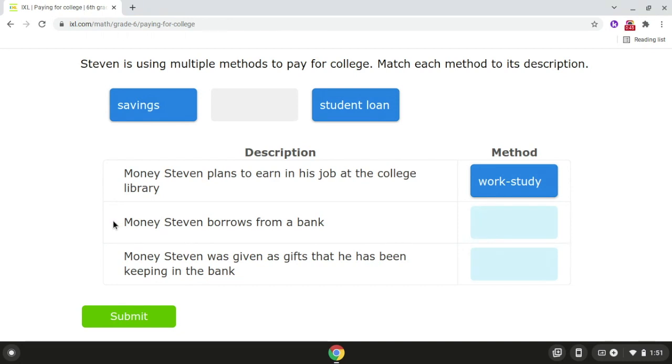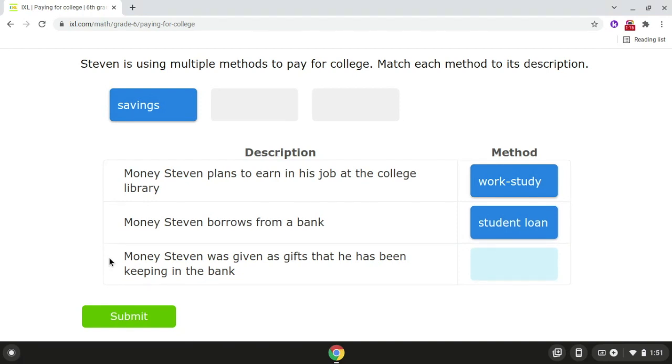Description number 2 is money Stephen borrows from a bank. This type of method is a student loan method. And for description number 3, this is money Stephen was given as gifts that he has been keeping in the bank.